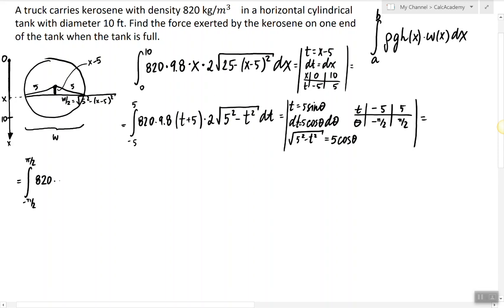Let's collect all the constants. 820 times 9.8 times 2. This, as a matter of fact, can be factored out.